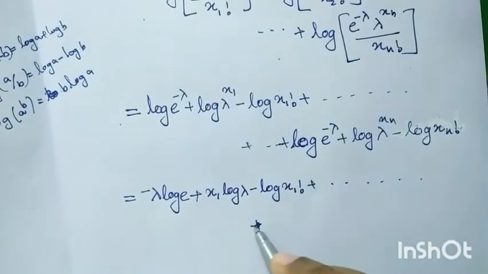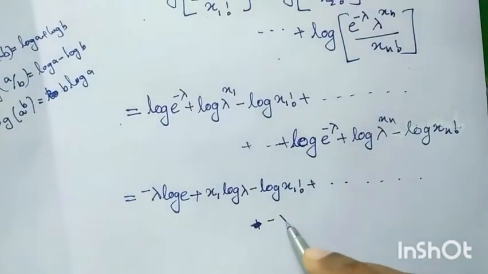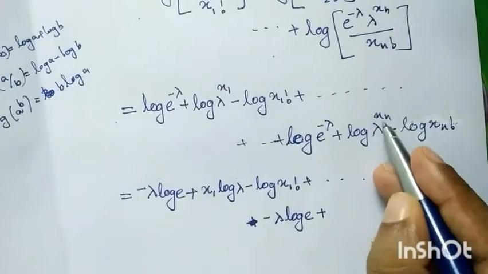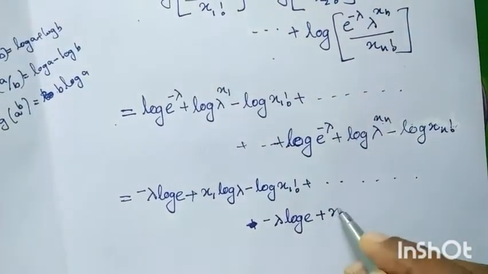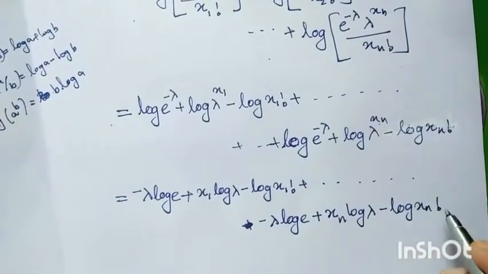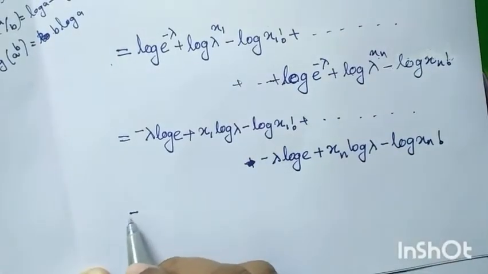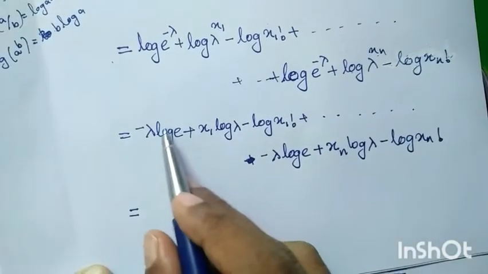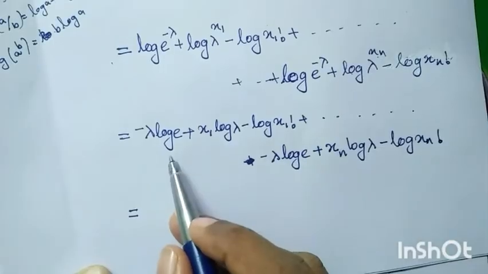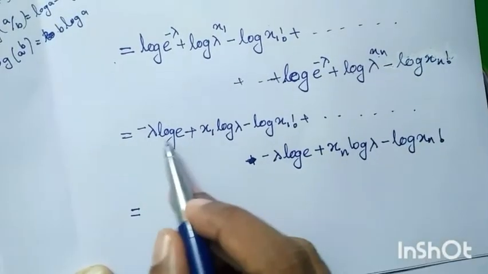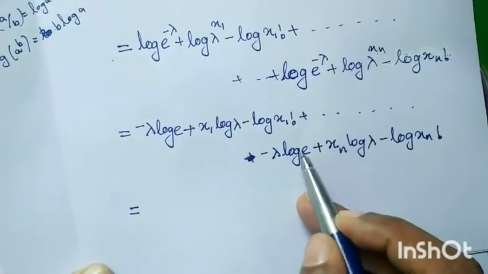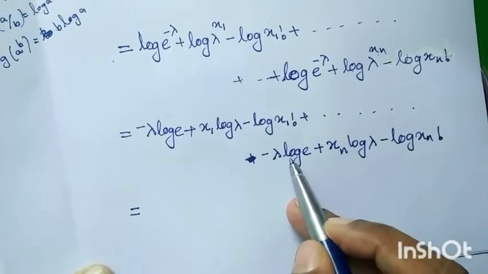So I change this plus as minus lambda log e plus xn log lambda minus log xn factorial. Now, which is equal to, we know that log e to the base e is equal to 1. Okay. So here we get minus lambda. Also here log e is equal to 1. So we get minus lambda.